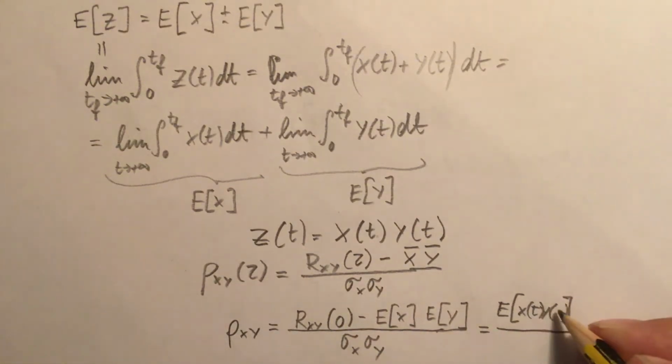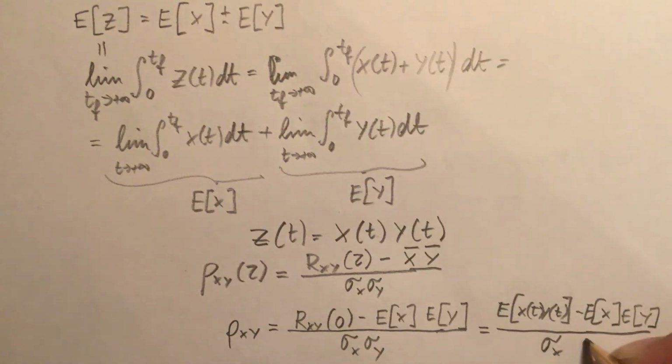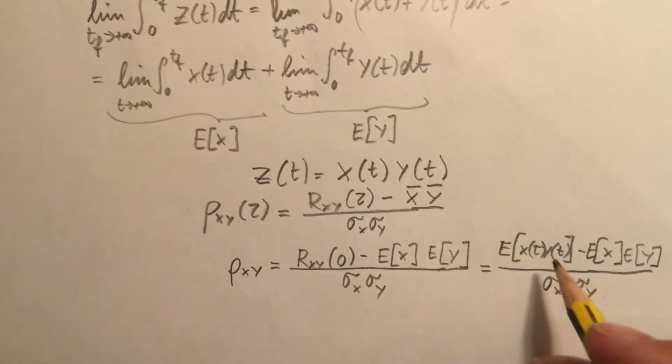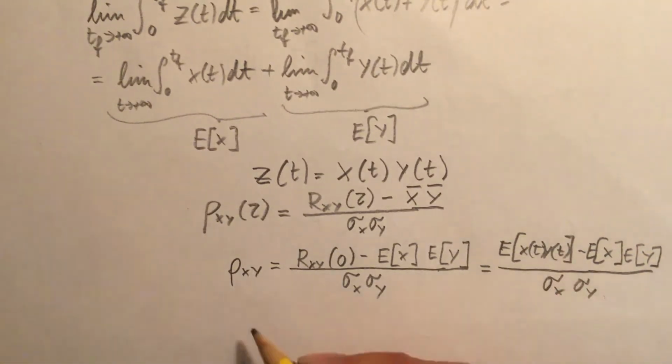So this is any value t, this is the same value t. We want to find this expected value. So of course it's just a matter of solving this in order to find this expected value.